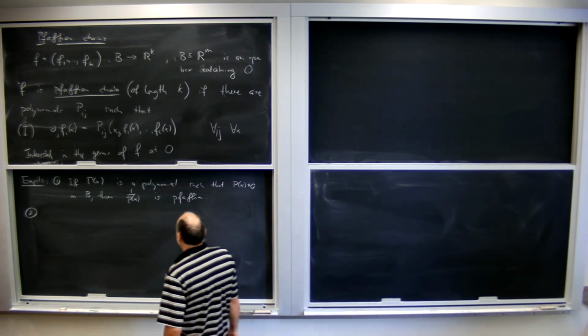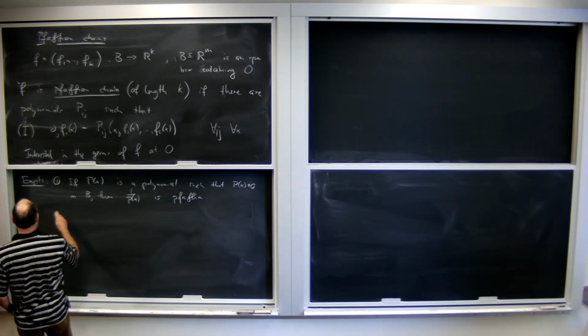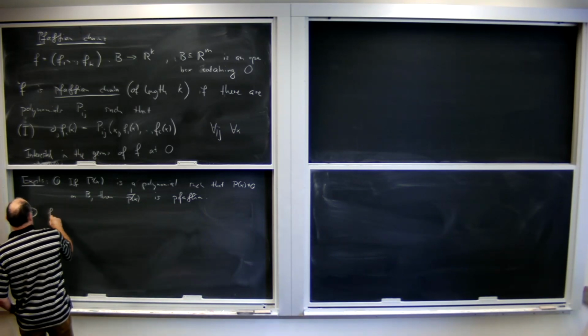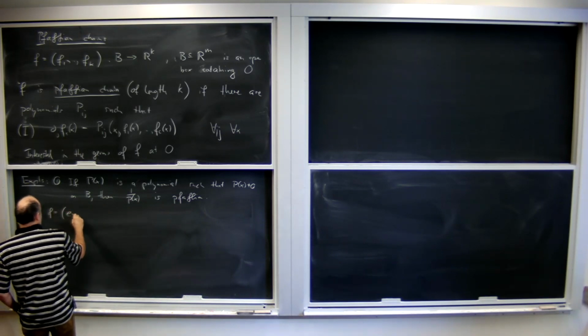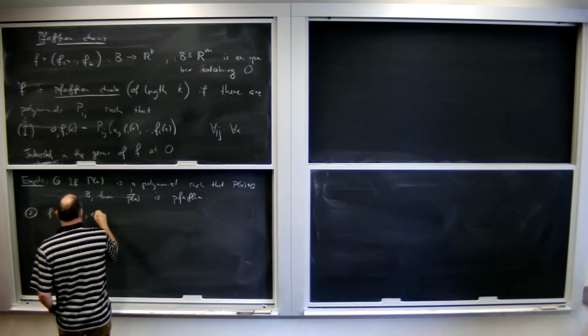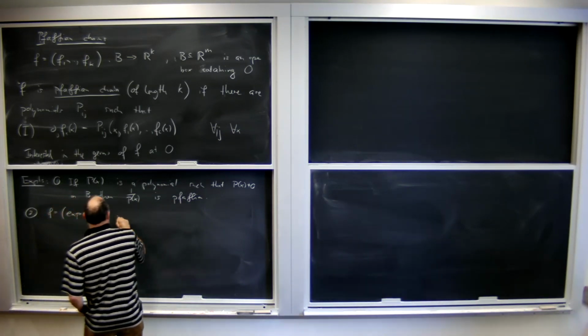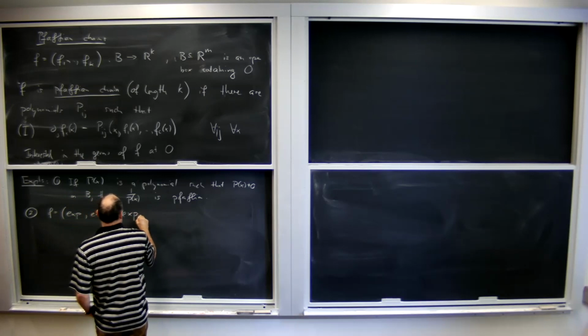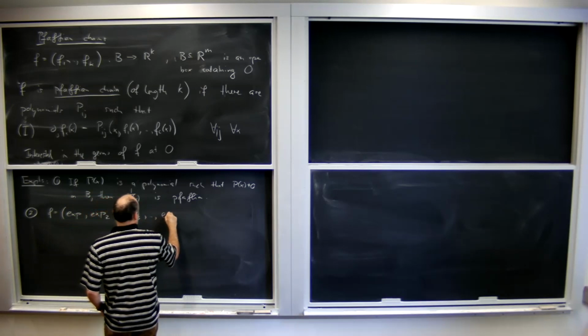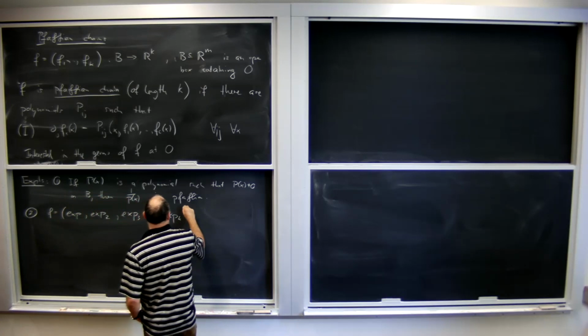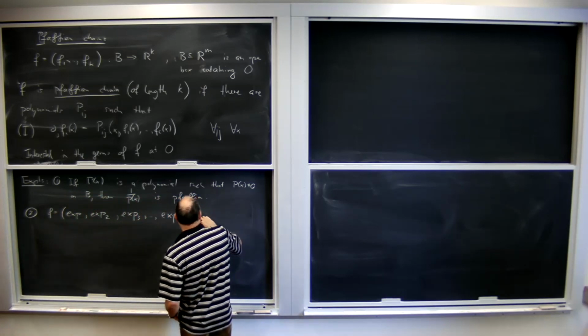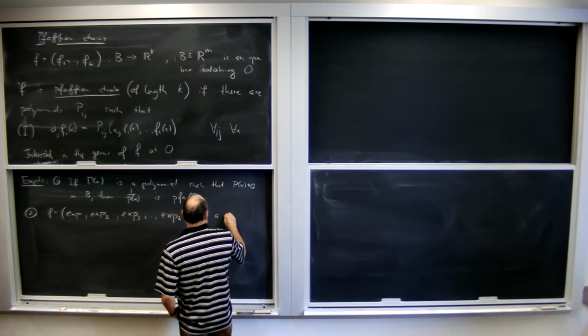Yeah, the most famous chains are the chains of the form x, x^2, x^3, and so on, up to x^k. So this is a Pfaffian chain.